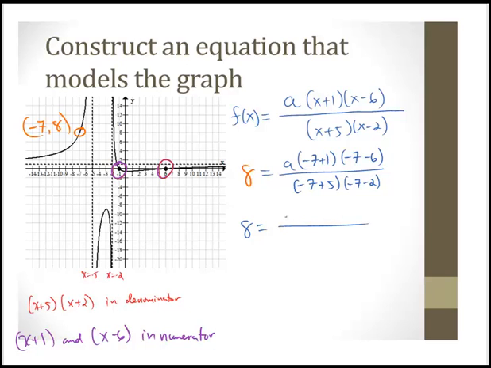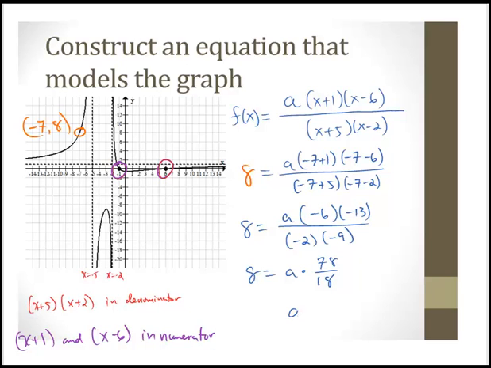So 8 would equal a by negative 6 by negative 13 over negative 2 by negative 9. So 8 would equal a times, let's see, negative 6 times negative 13, that's 78, over 18.